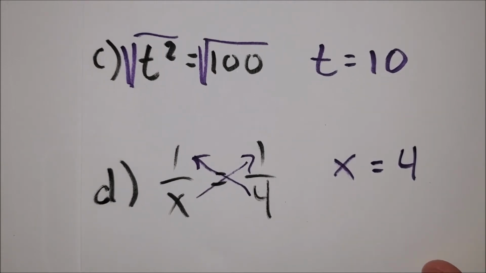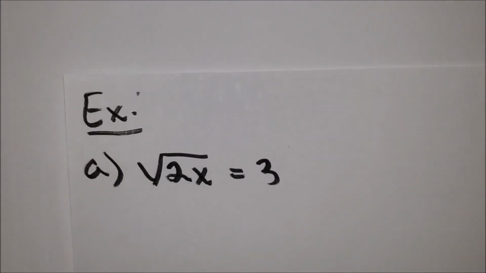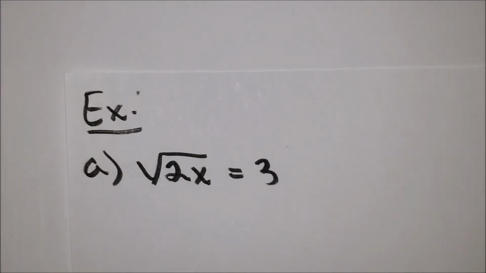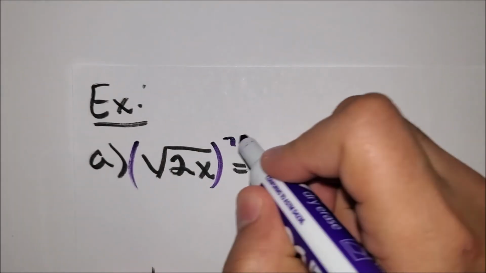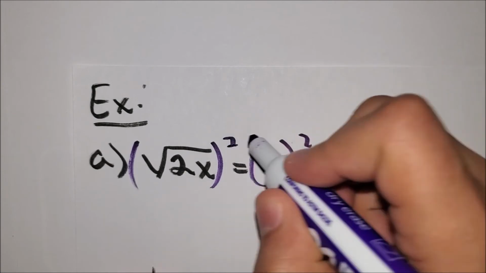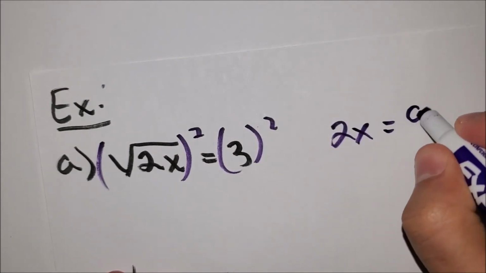So let's look at a few more examples that are a little more complicated. First we've got the square root of 2x equals 3. So we're going to square both sides. And this tells us that 2x equals 9.